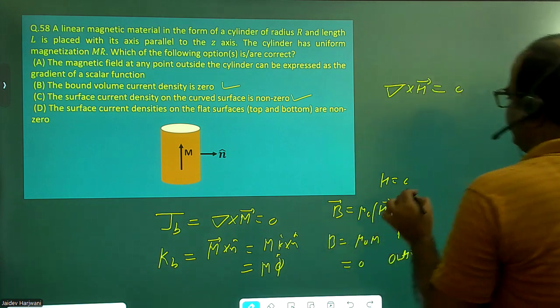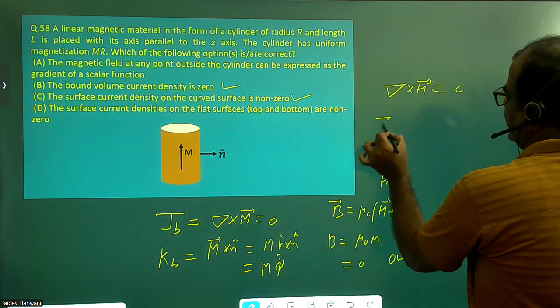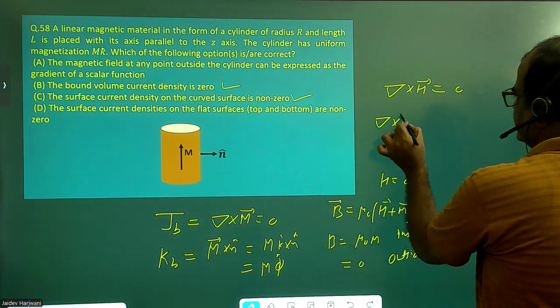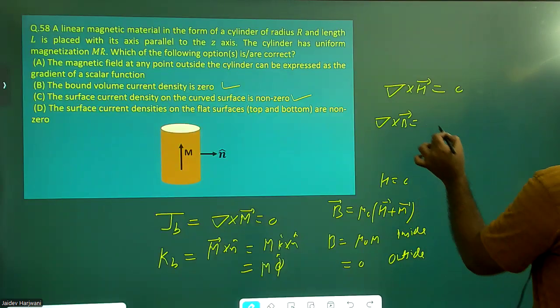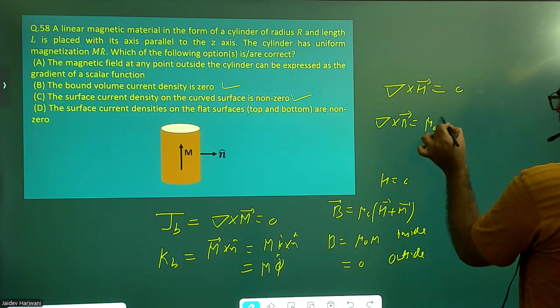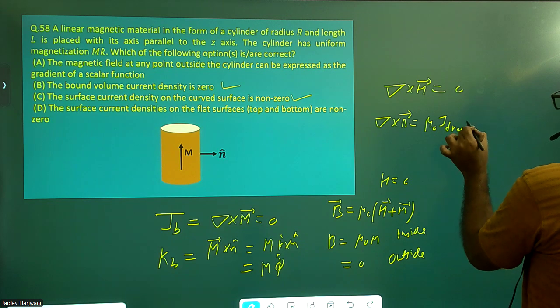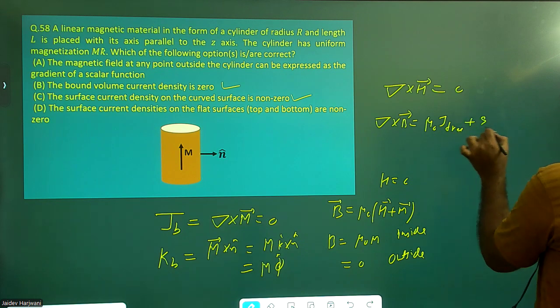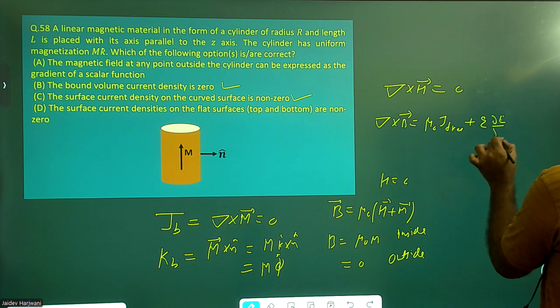Let us talk about B. We know the Maxwell equation: del cross B is mu 0 times J free, plus the displacement term, del E by del t.